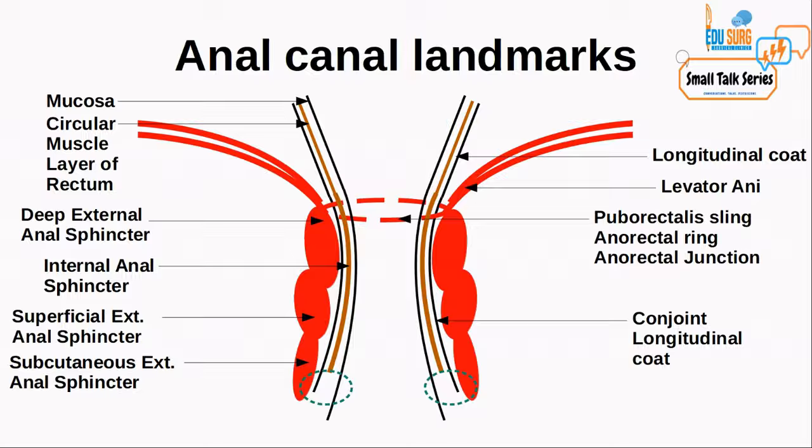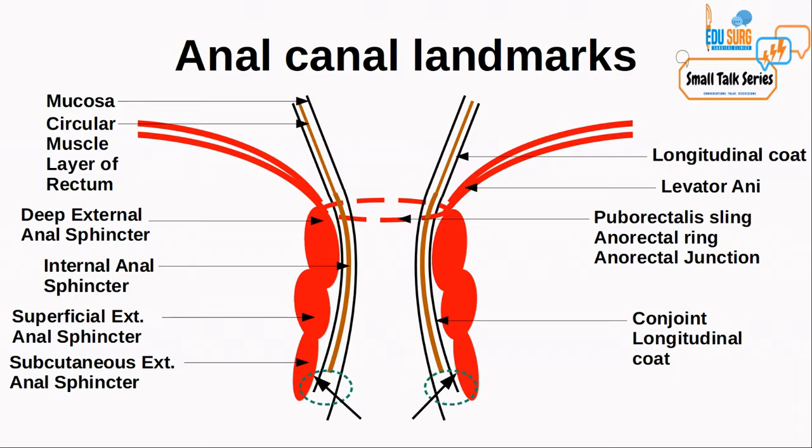Why we are going into details is because this part highlighted by the two circles is a very important part, as this has some applied anatomical importance as well as importance in identifying some of the landmarks that I am going to discuss now.